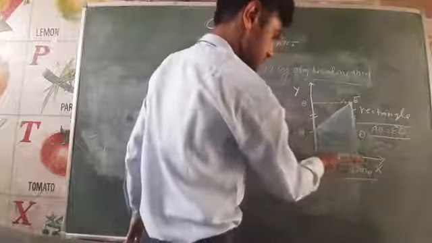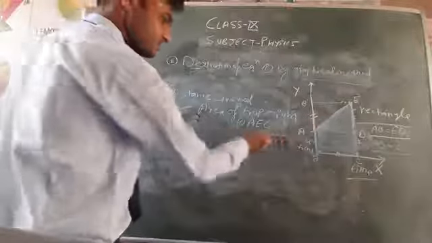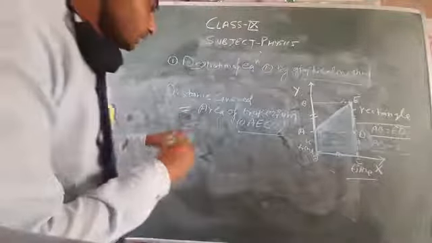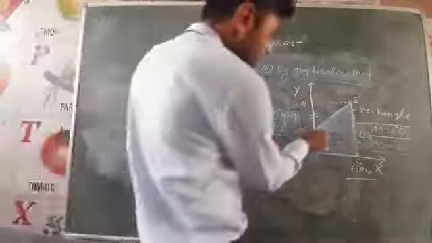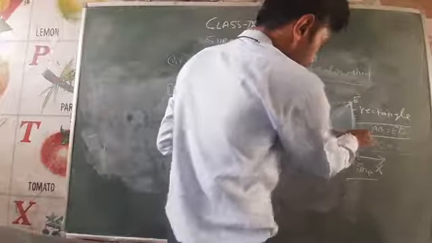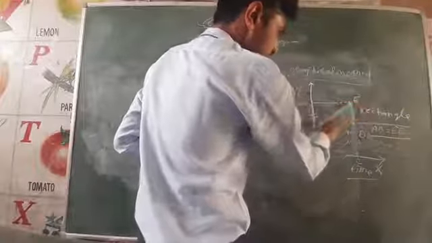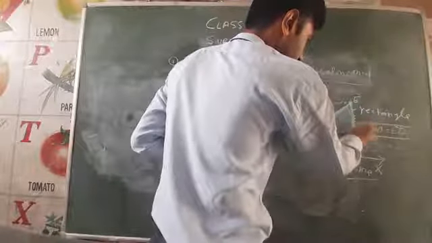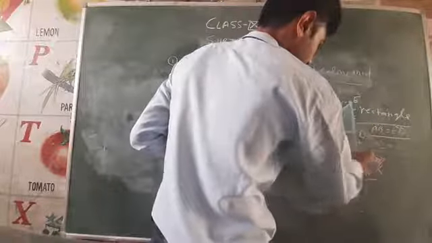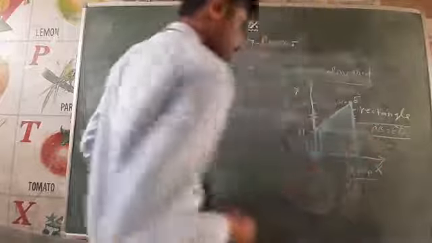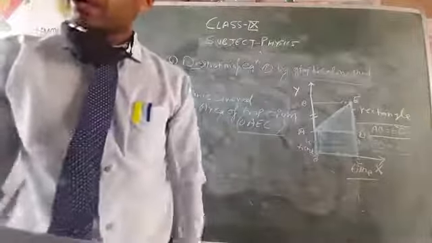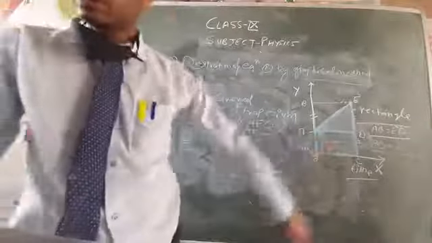This is the trapezium. Okay, I hope you understood. And this area you can divide into two small areas. You can see this is a right angle triangle, and this is a rectangle. So the area of this trapezium you can divide into two regions.